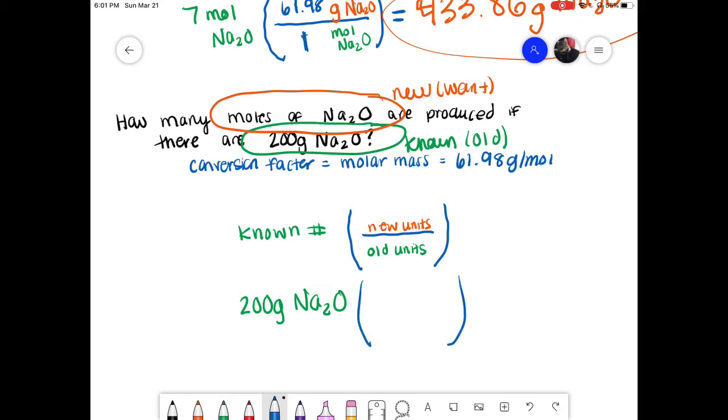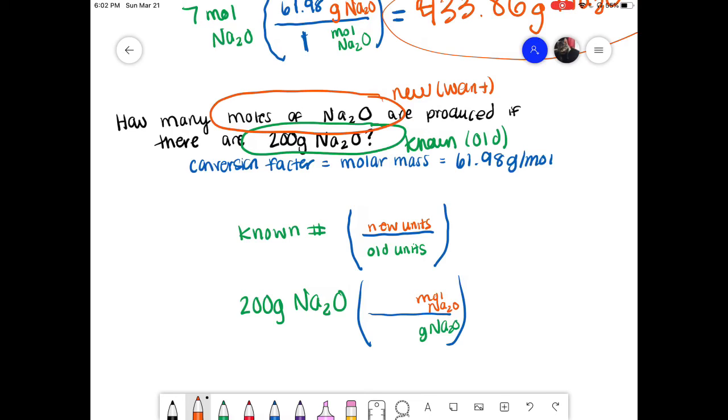And we're going to do our parentheses. We said our old units are the same as what we start with, so that's going to be grams of Na2O. And our new units are going to be moles because that's what we want. So we're going to put that up top.